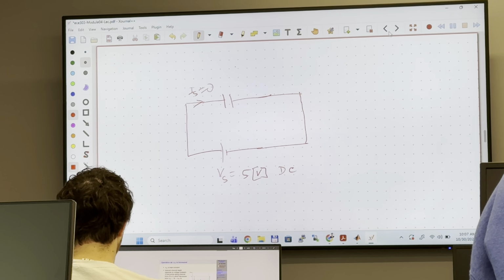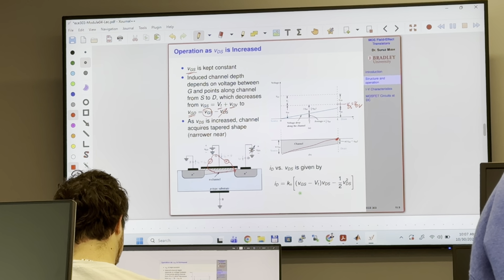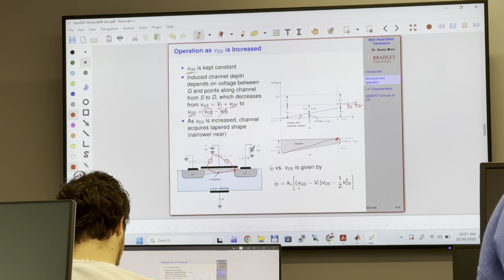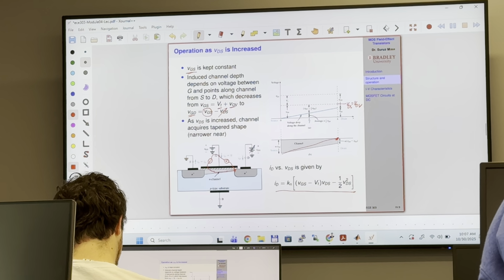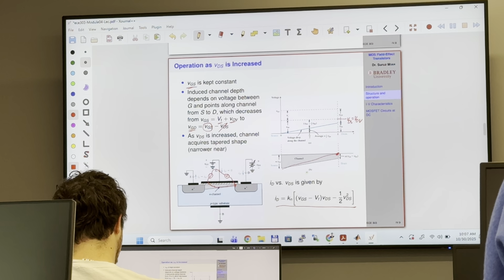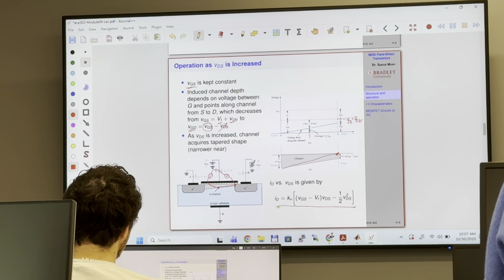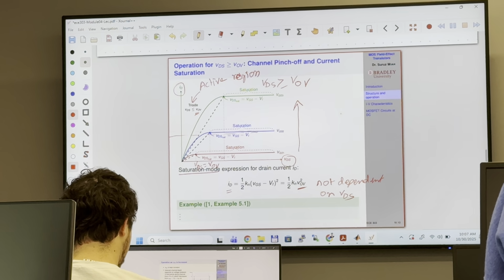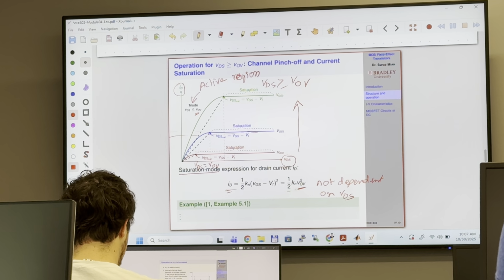Here we have the generic relationship, and when VDS is small, this is the voltage-current relationship, which is purely resistive. Now if you keep increasing VDS, then this is the relationship, and at saturation, this is the voltage-current relationship.